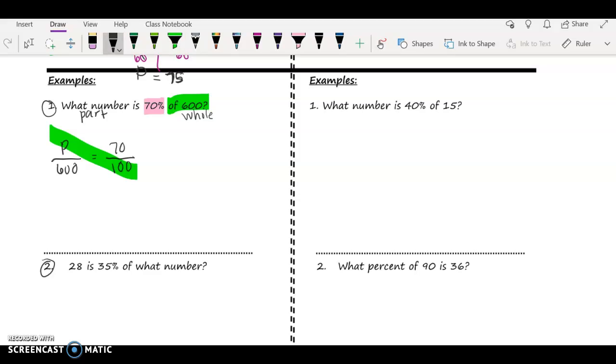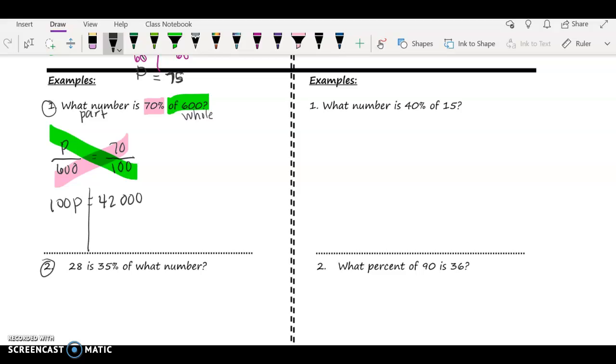So we have P over 600 equals 70 over 100. 100P equals 70 times 600, and 70 times 600 is 42,000.